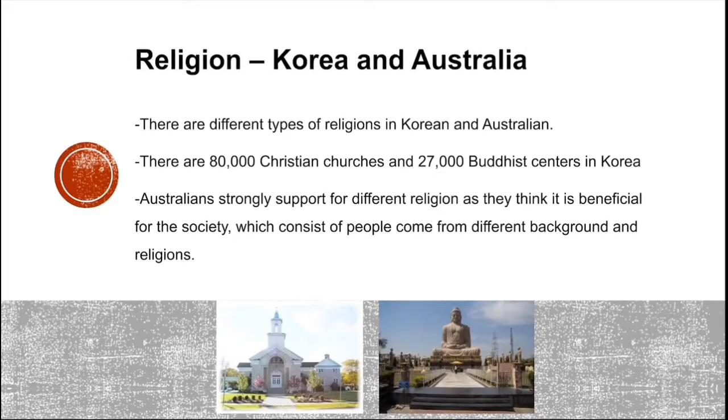Second, the cultural distance between Korea and Australia has been becoming more similar in the religion area. Both countries have many religions and beliefs. In Korea, some people believe in different types of religions, but particularly in Christianity. There are around 80,000 Christian churches and almost 27,000 Buddhist centers in Korea.